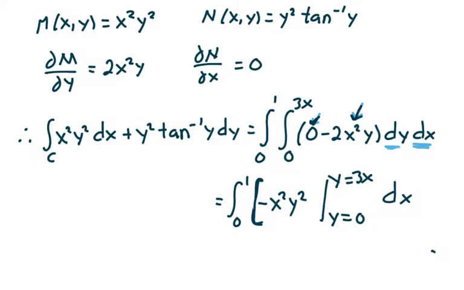So when I go to integrate, I'm going to integrate from 0 to 1 of negative x squared y squared evaluated from y equals 0 to y equals 3x, dx. So I'm going to replace y with 3x and then replace y with 0 and subtract those results essentially.